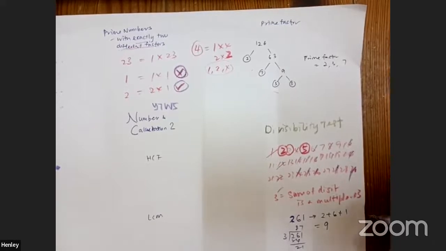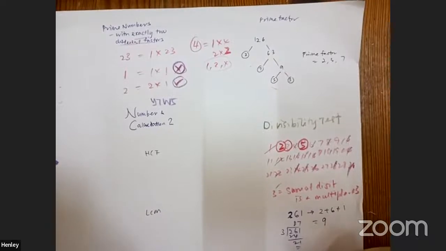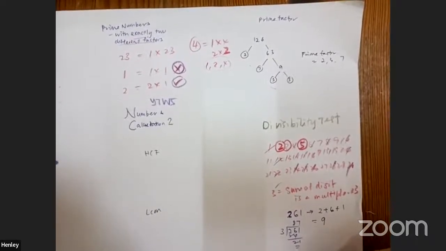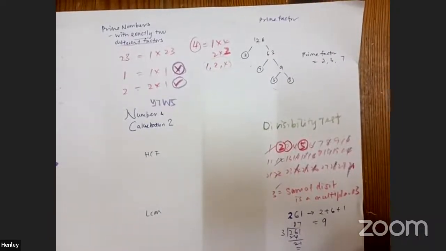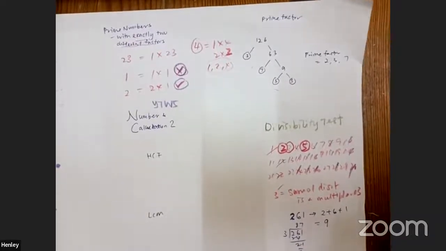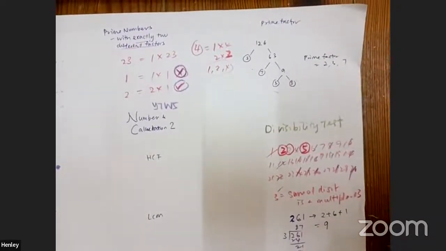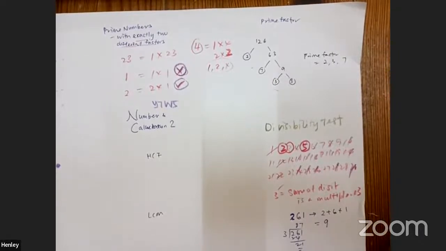I give you another number, maybe 126173. Is this number divisible by 3? We can try. 1 plus 2 is 3, and then 9 makes 12, then another 10, 21. 21 is a multiple of 3, or in another way, you can also add again: 2 plus 1 is 3.